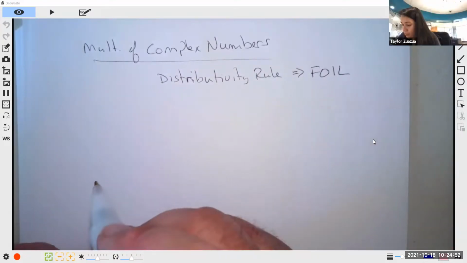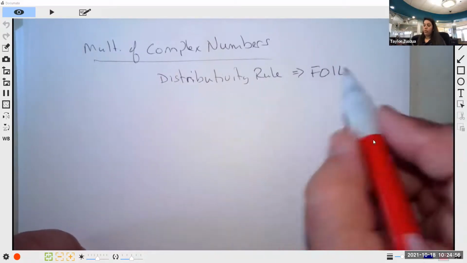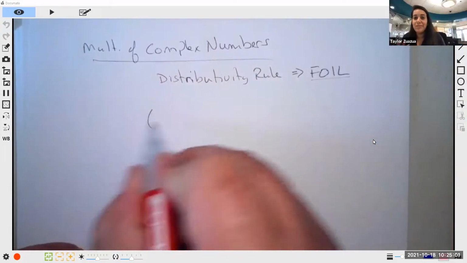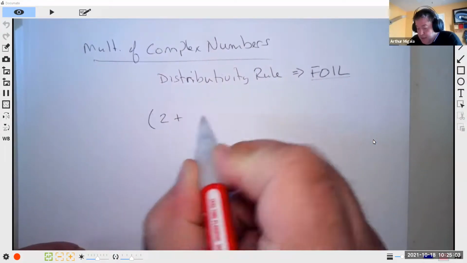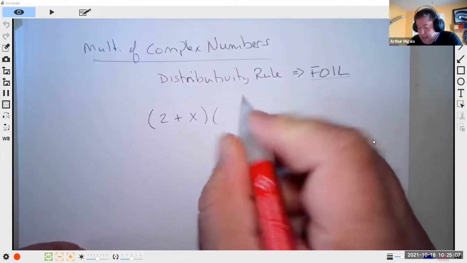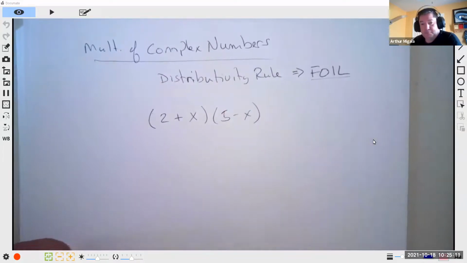Foil. Have you ever heard of FOIL before? No. Okay, so the FOIL method, let's say we just had 2 plus x and 5 minus x.